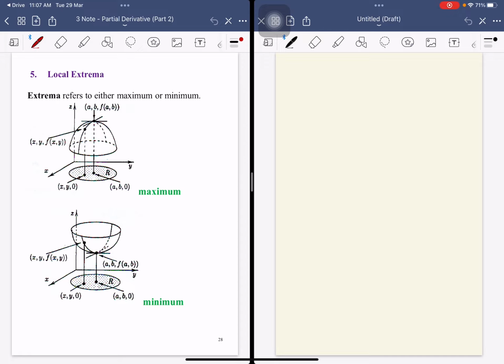But what if the value of g that we figure out is less than 0? If the value of g is less than 0, you can directly conclude that the critical point is a saddle point. Whereas if the value of g is equal to 0, there is no conclusion for that particular point. This is what we call the second derivative test.